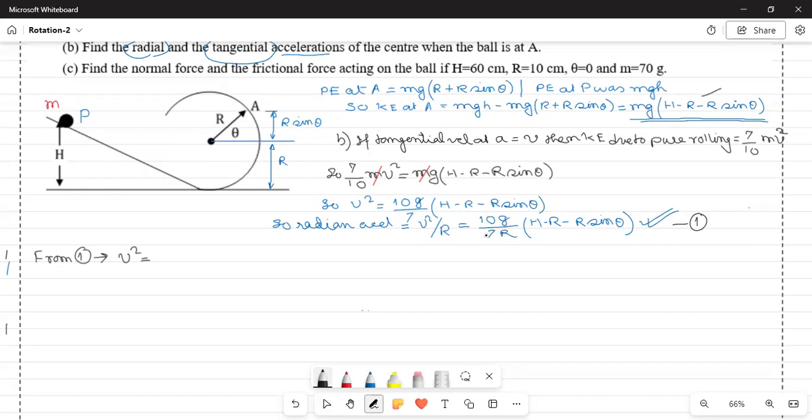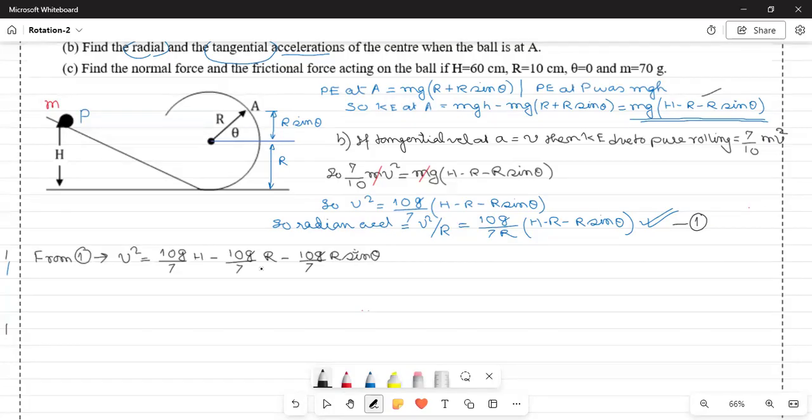So it is 10g by 7 h minus 10g by 7 r sin theta.